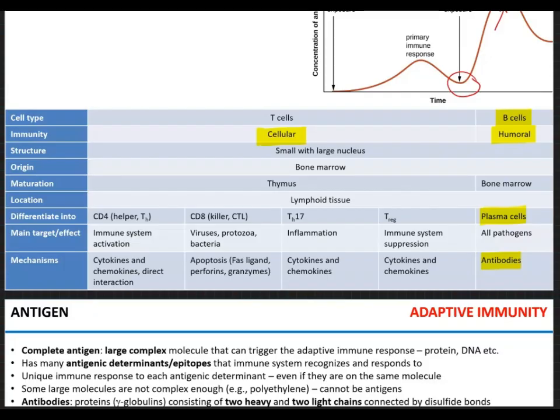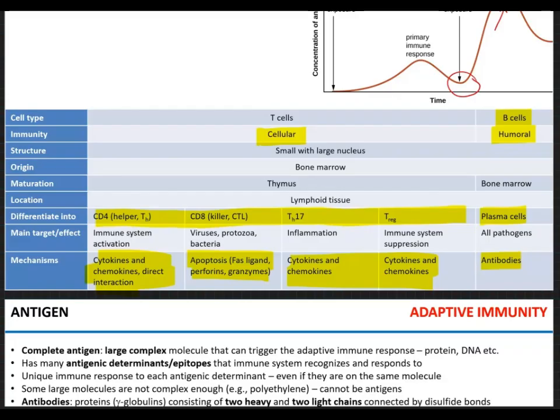Blood is fluid, therefore the response is humoral, mediated by soluble proteins. T cells, after the exposure to an antigen, a pathogen, form a plethora of different, what we call effector cells, which can kill infected cells, help other immune cells to become more efficient, or in different ways regulate the immune response.